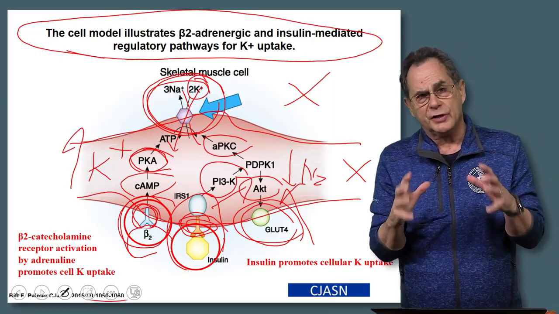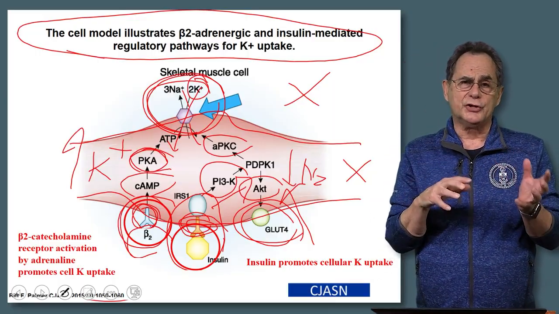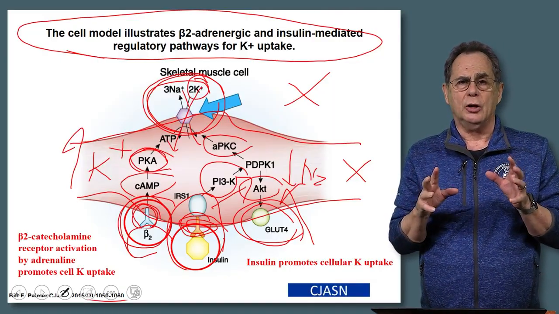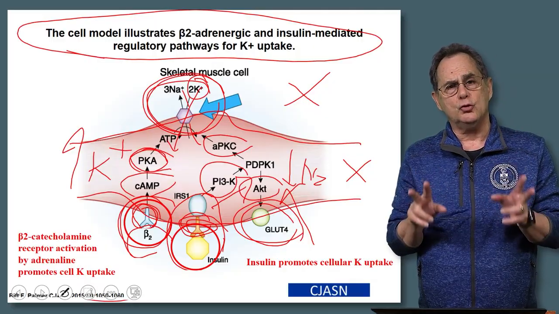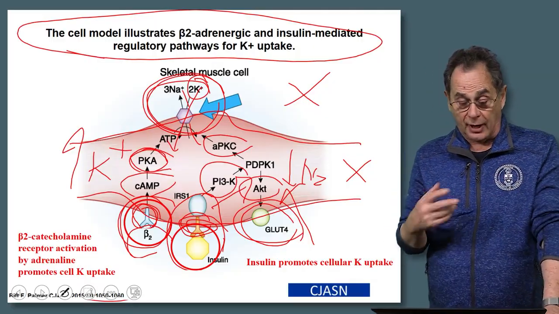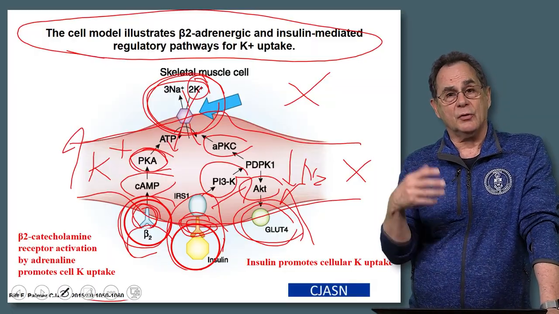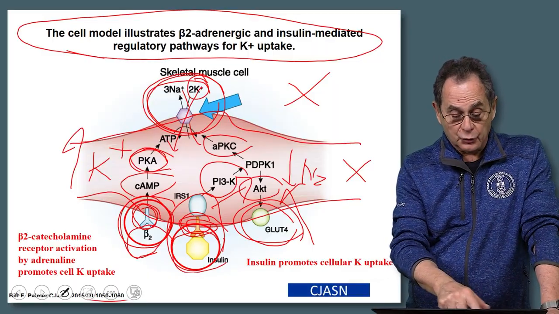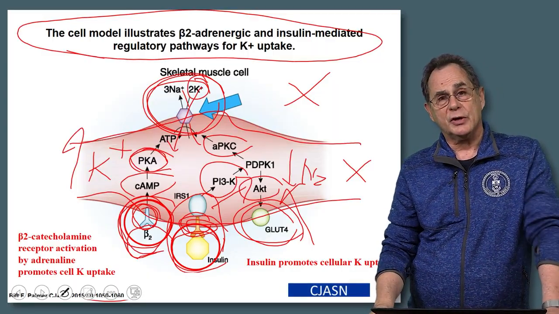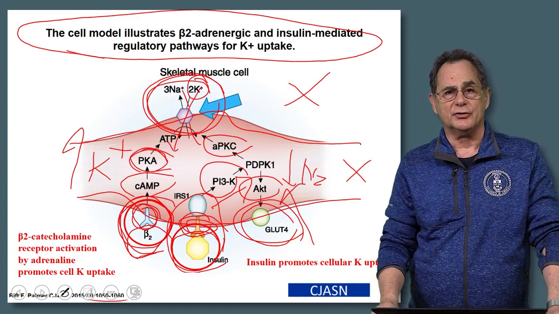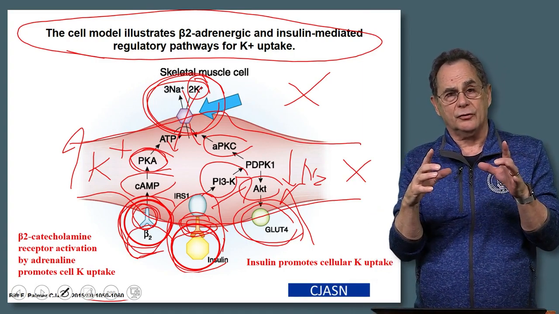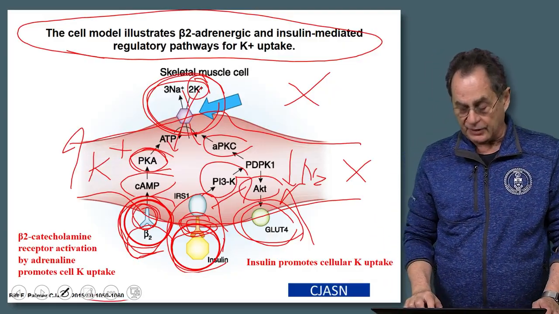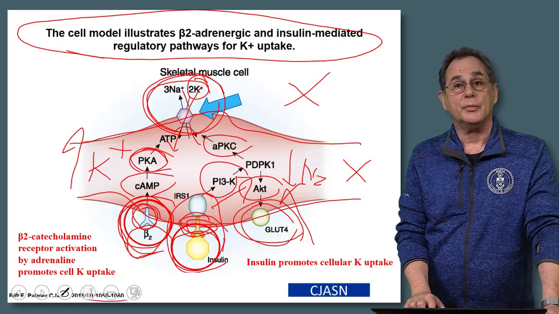So if I want to shift the balance between intracellular and extracellular potassium, I can drive potassium into the cell by taking into account these two ligand receptor systems. Now, in hospital settings where we have emergencies associated with very high potassium levels, we use insulin as a treatment, and we use beta-2 catecholamines as treatments to drive the potassium into the cells, because that can have an important effect on the transmembrane electrical gradient and reduce that gradient in settings that allow muscle function to be normal.